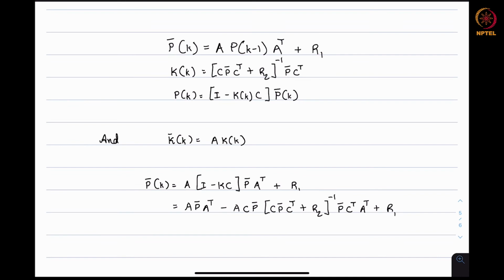Okay, and this is our P bar k. So this, if you notice, is nothing but our discrete Riccati equation. Same Riccati equation that we had seen earlier in the LQR problems.